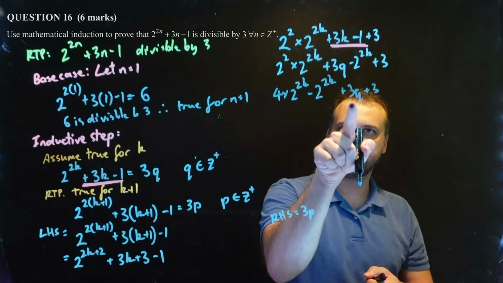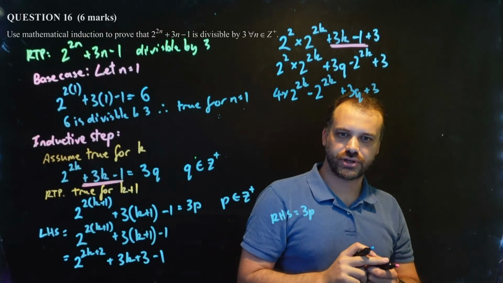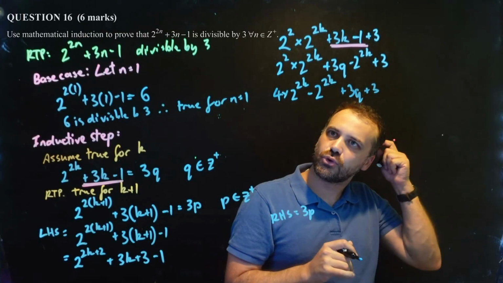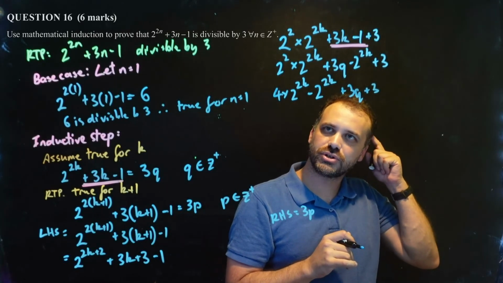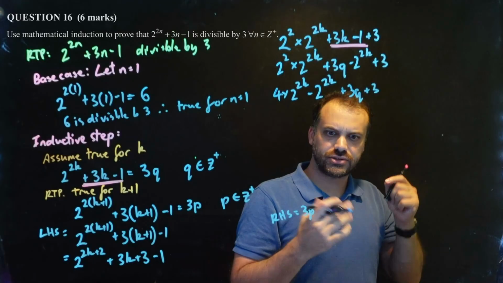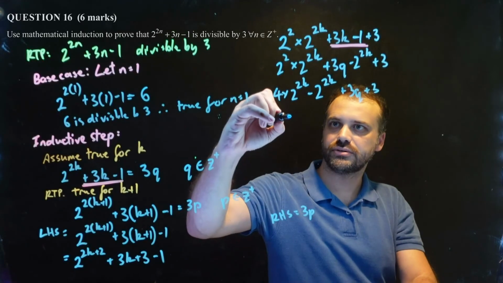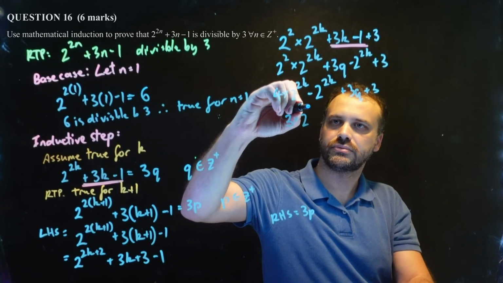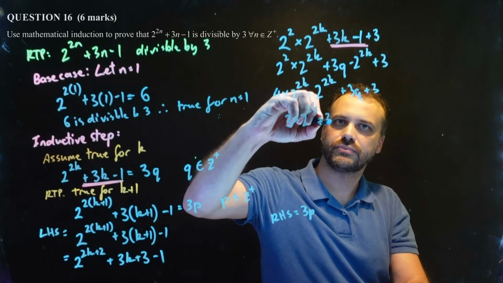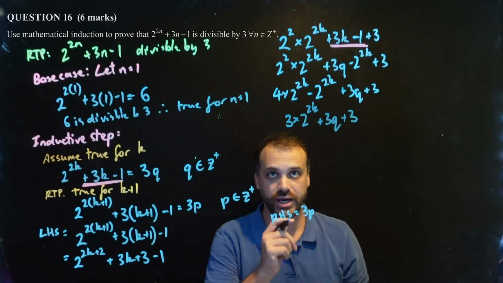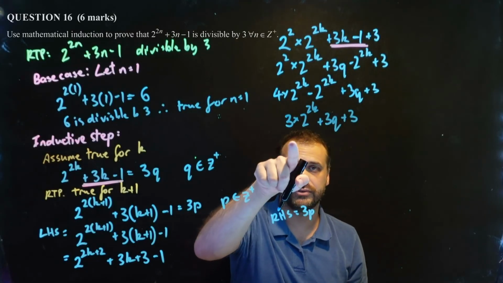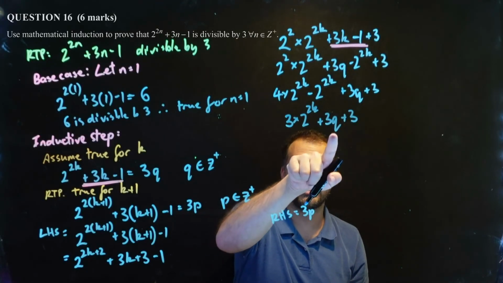All right, so this is divisible by 3, this is divisible by 3. What's going on here? 4 groups of 2 to the 2k minus 1 group of 2 to the 2k. That's 3 groups of 2 to the 2k. Beautiful. So what I have is 3 times 2 to the 2k plus 3q plus 3.